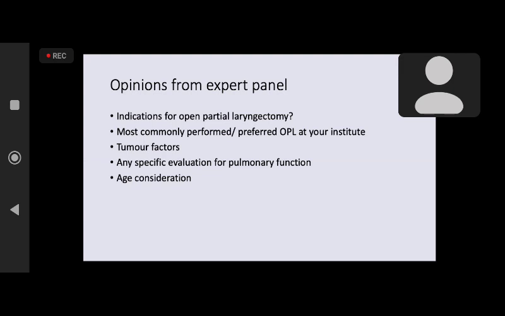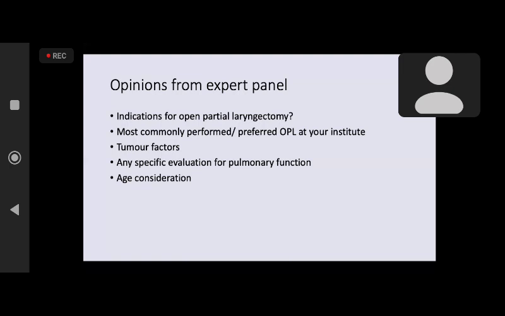Majority of the advanced laryngeal cancers that we do see end up in the age group bracket of more than 65 to 70 years, and with pre-existing COPD. So those cases, having a poor pulmonary reserve, you wouldn't want to select for an open partial.